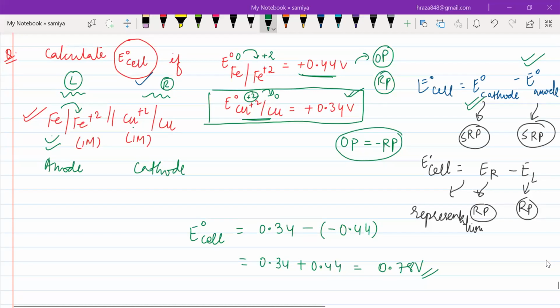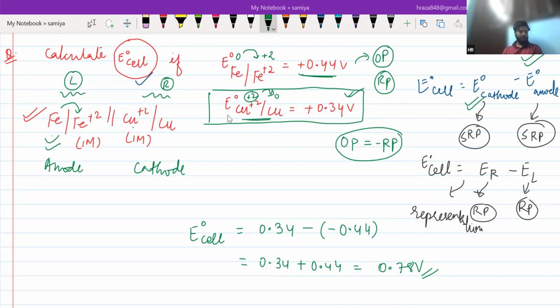The question is the same as in the previous class. Then we will start the most important topic of this chapter, the Nernst equation. Done, sir.